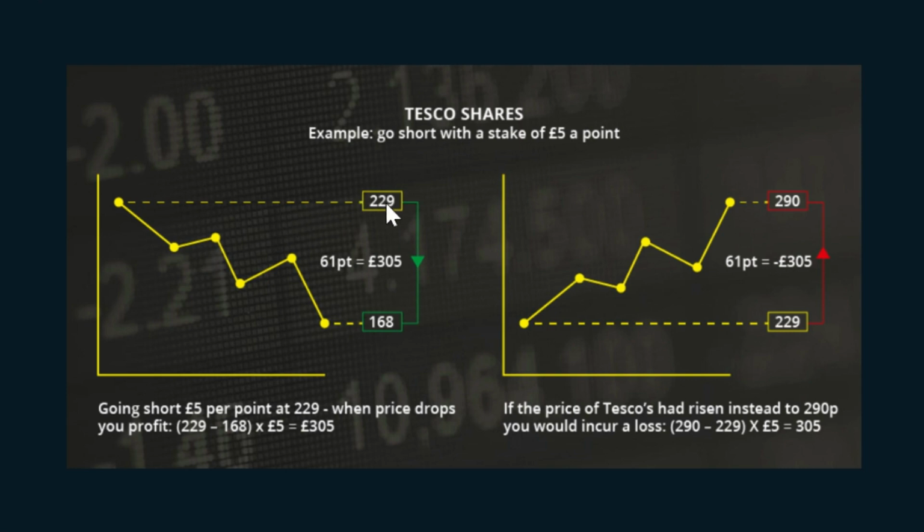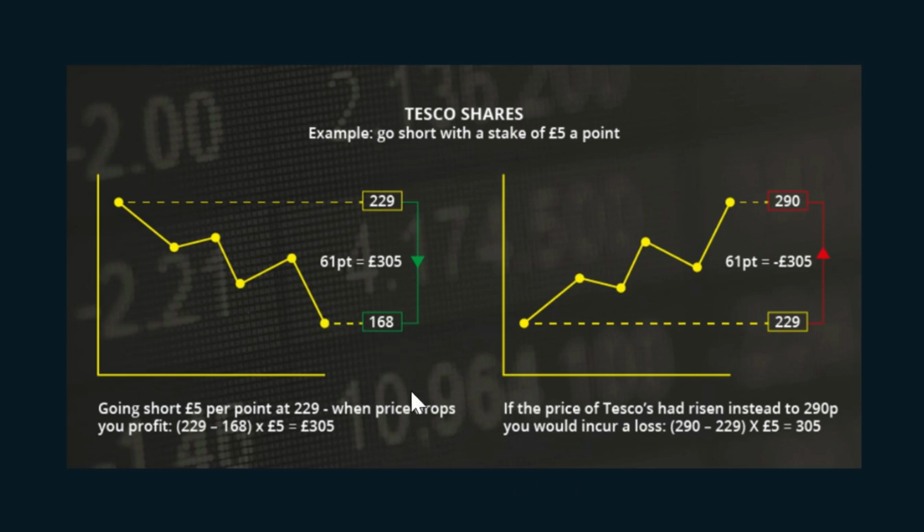If you short, and we spoke about shorting before, which is about making money on the way down, if you short a stock for £5 per point, for every 1 point movement you make £5 if it goes down. So in this case, it went from 229 to 168. A 61 point movement would mean that this person made £305, because 61 times 5 is 305.